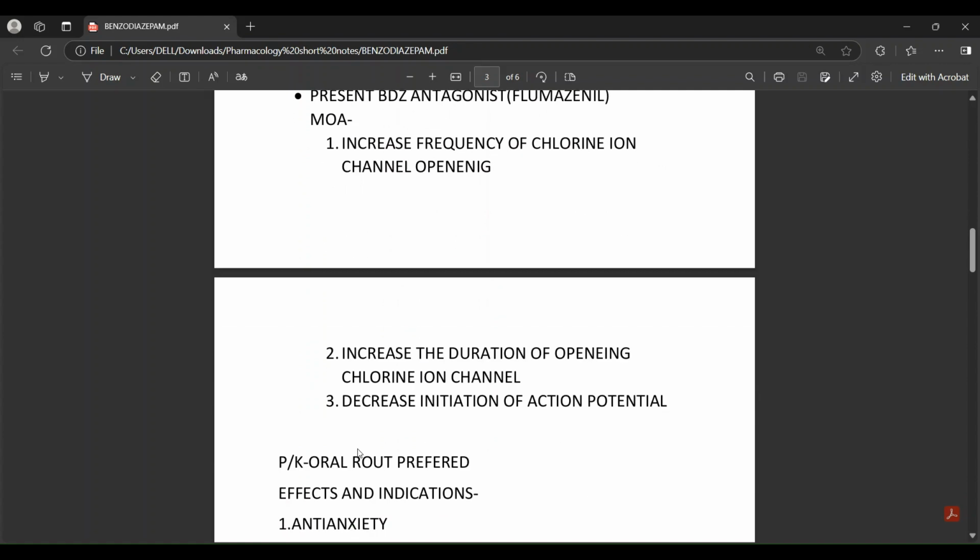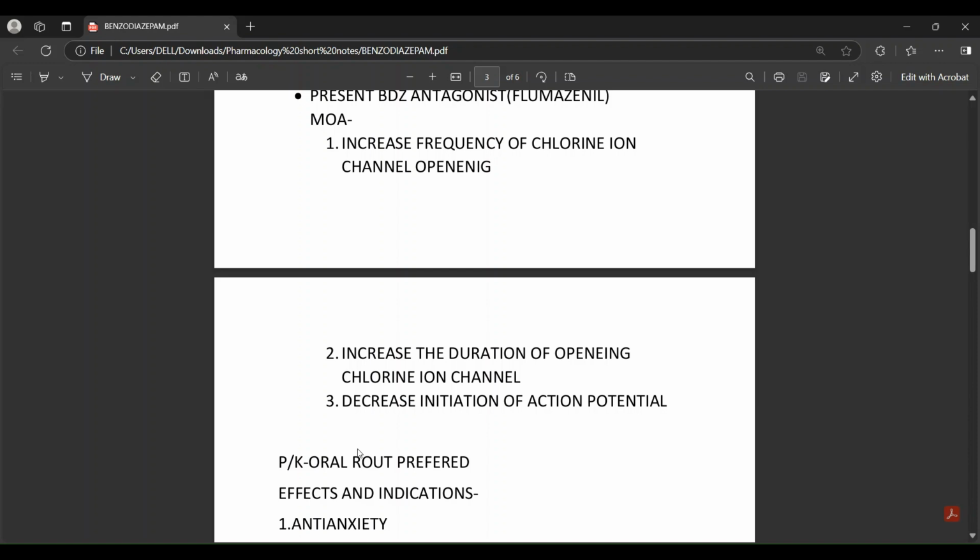What is the mechanism of action? Above we talked about what is happening. These are the 3 points: increase the frequency of chlorine ion channel opening, increase the duration of opening of the chlorine ion channel, and decrease the initiation of action potential.